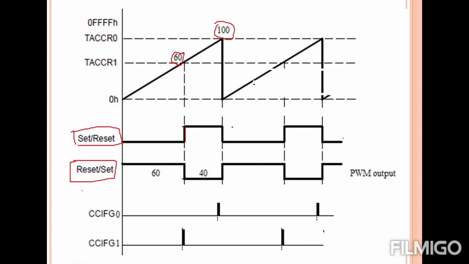Again it will reset when it reaches the value 100 which is present in TACCR0.